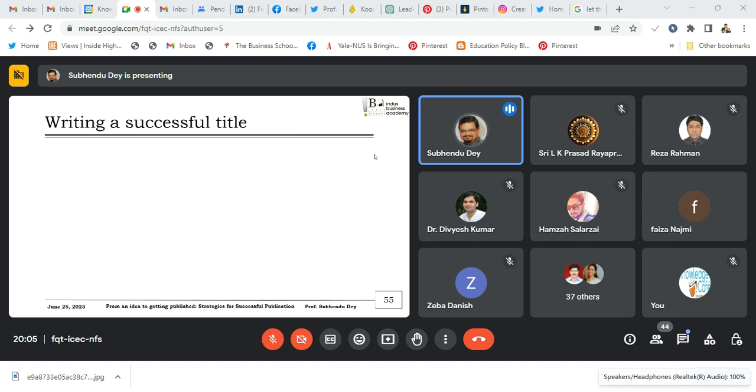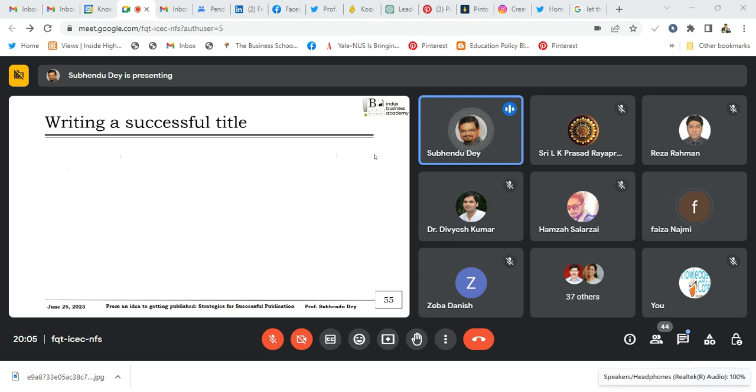And therefore, whether they will be interested in your paper or not is dependent on how they look at your title, whether your title conveys everything that is needed for their attention to be caught, right?